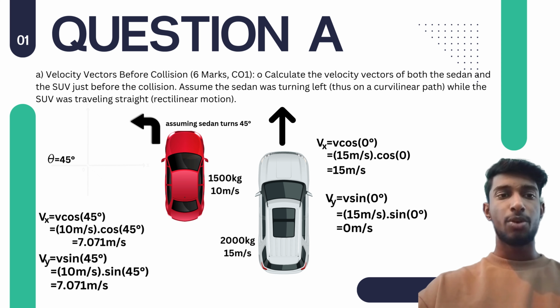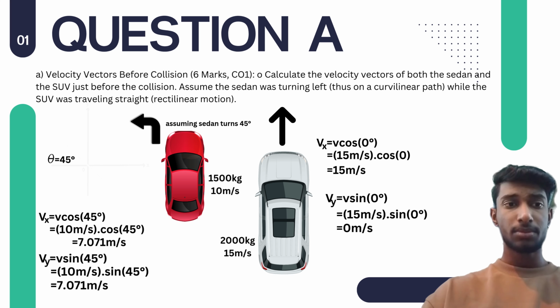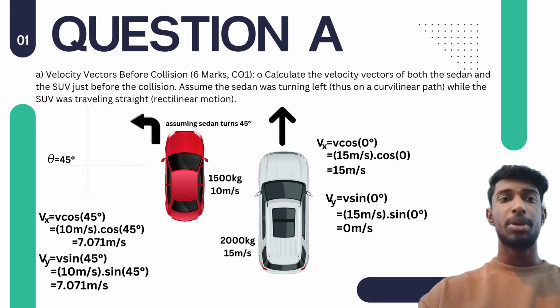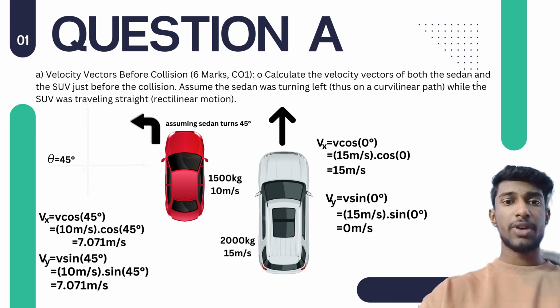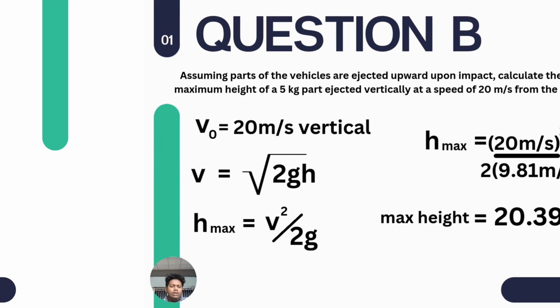Velocity y is 10 times sin 45, which gives us 7.07 meters per second. For the SUV, which is traveling straight, we assume it moves along the x-axis, so velocity x is 15 times cos 0, equal to 15 meters per second, and velocity y is 15 times sin 0, which is 0 meters per second.